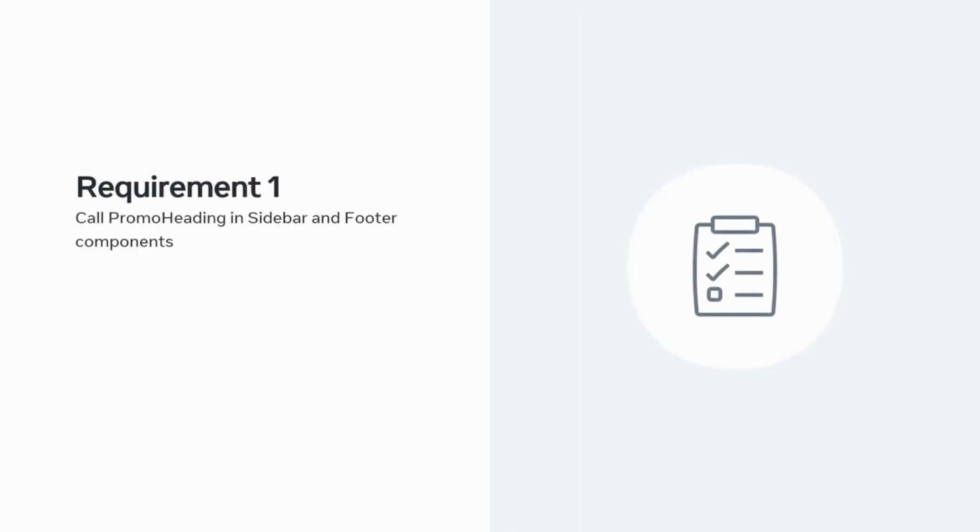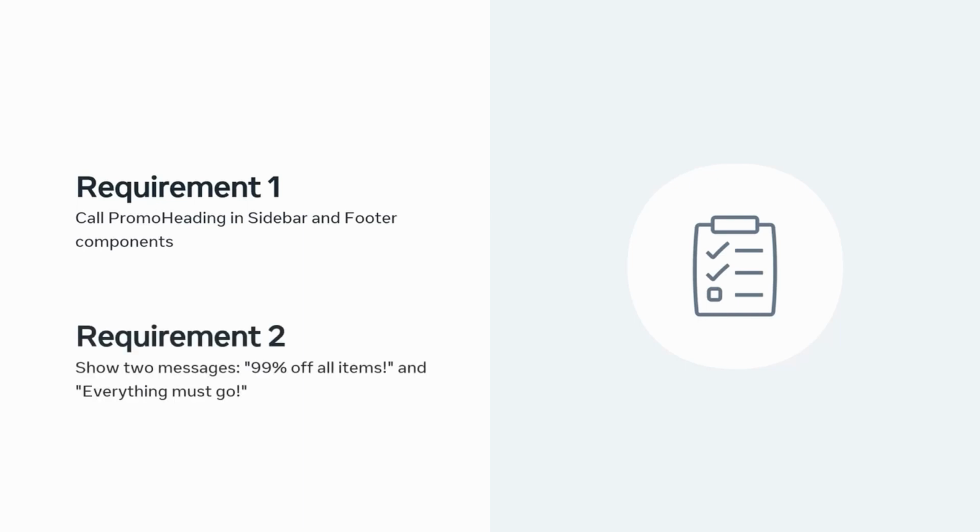This time, your manager asks you to call the promo heading component in the sidebar and footer component of the web app, in addition to the promo component. They also want two messages displayed: 99% off all items and everything must go. These new requirements mean that the approach of updating the child component will not work quite as well.